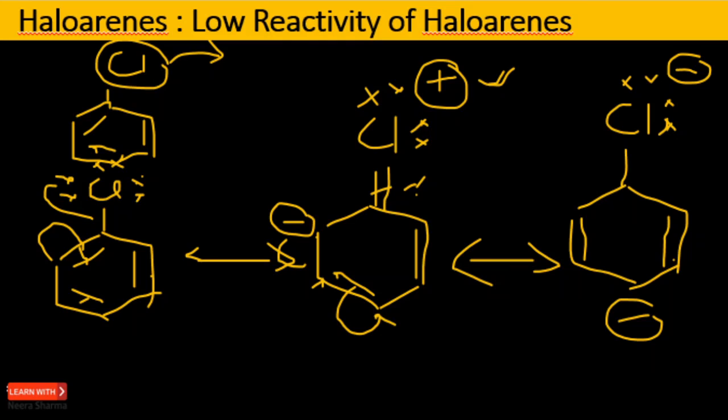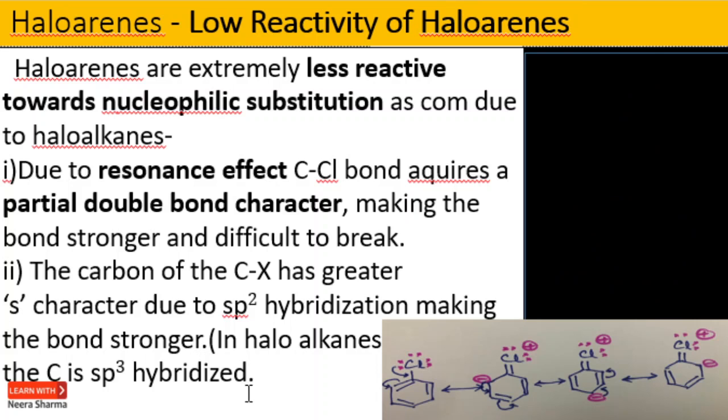You should learn how to write the resonating structures, and then also you can see the negative charge is coming at the ortho and para position. That means if there is a negative charge on the ortho and para position, the incoming ring substitution or electrophilic substitution will take place at the ortho and para position, and that is why chlorobenzene is ortho para directing.